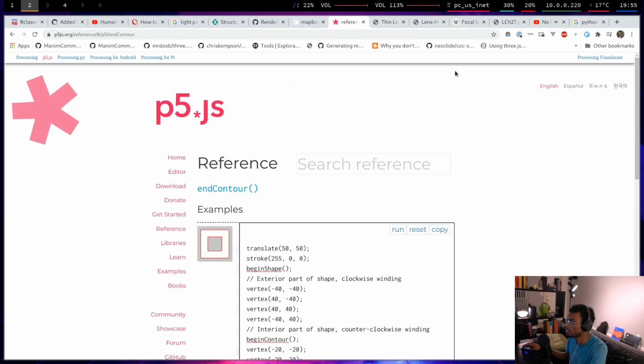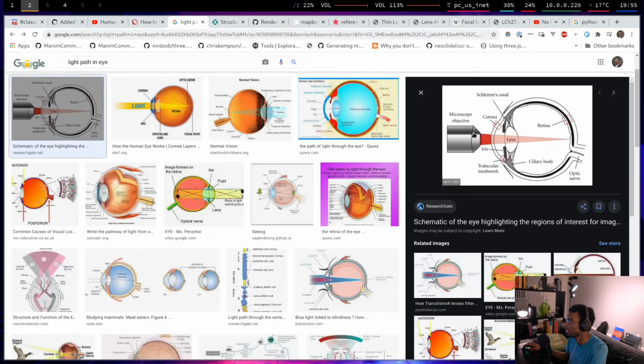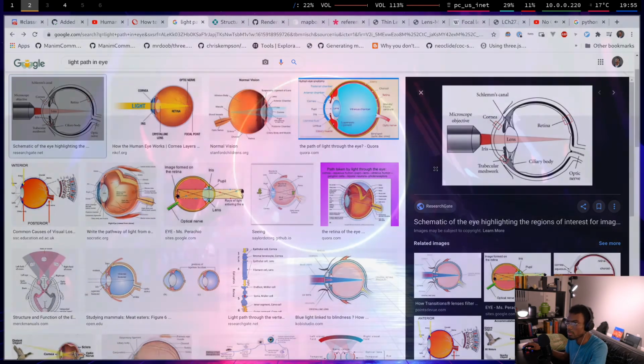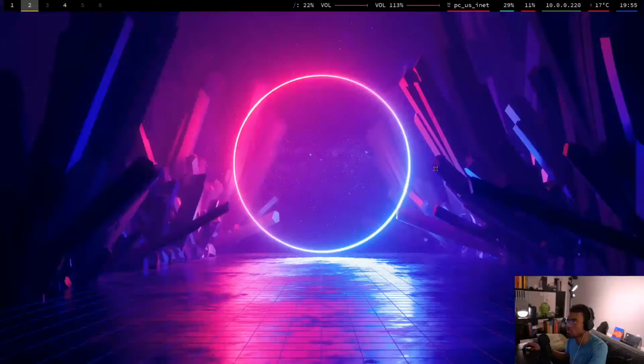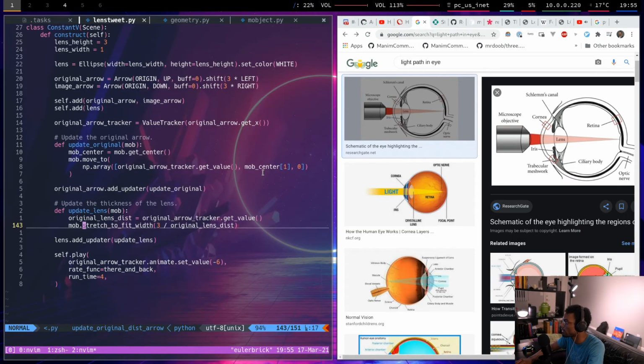Where's a diagram of an eye? Here. I'm gonna try to make this diagram.